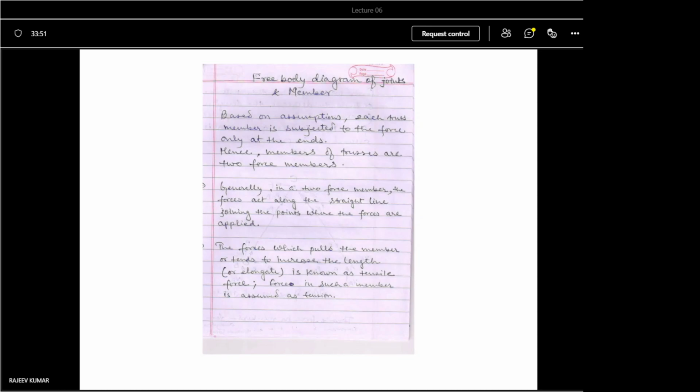One force you apply in the bottom direction and in the opposite, top direction, straight, then the cap is removed from your pen. So this is called tensile force. When the forces act to pull the member or increase its length, it is called a tensile force.